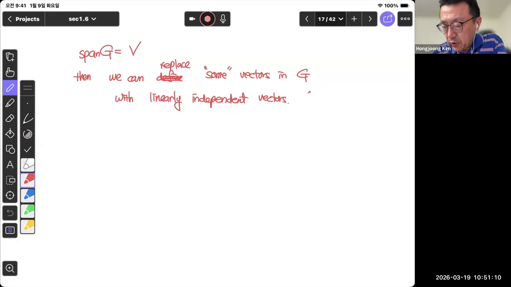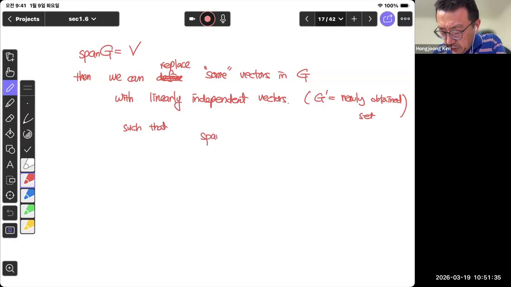And let's say G prime is this newly obtained set. Then the span of this newly obtained set G prime is still V. So that is the claim of the replacement theorem.